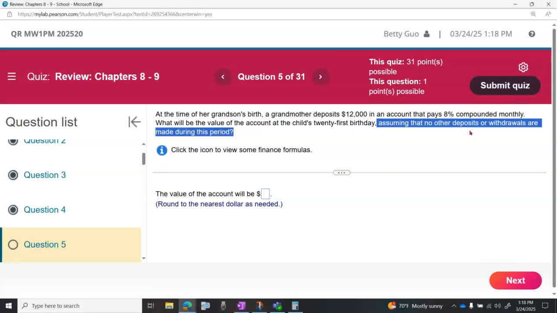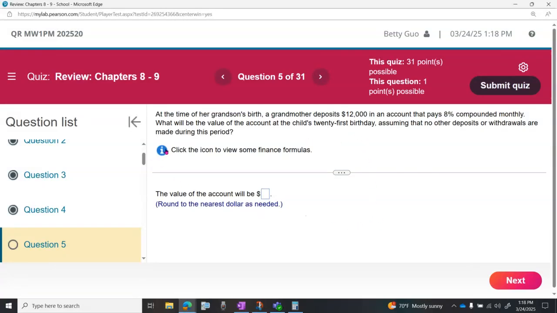That means this is a lump sum investment. The grandmother only invests in the account one time, at the very beginning when she opened the account, drops $12,000, and that's it. Forget about it until the kid is 21 years old.